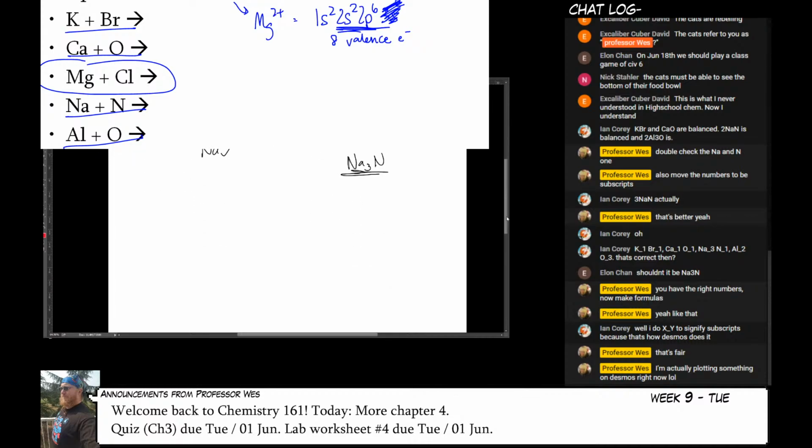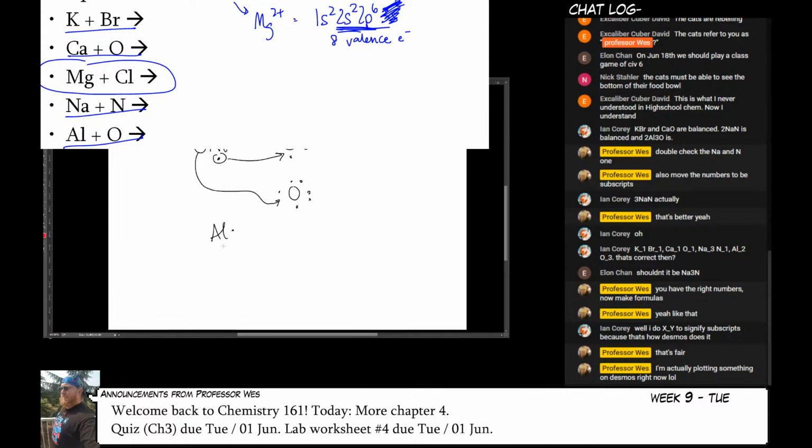And then for aluminum and oxygen, we're just going to shuffle dots around like crazy. So I'm going to take this and move it over here, this, move it over here. This oxygen is good. But I still have an extra dot. I need to get another oxygen. So I'm going to pass that over. Now this aluminum is good, but I still need an extra dot on my oxygen, so we'll just do this again.